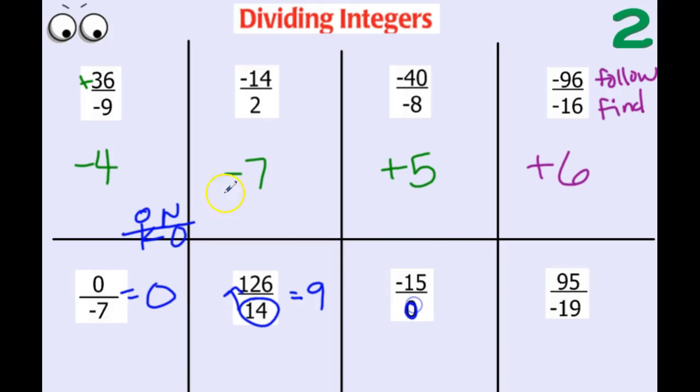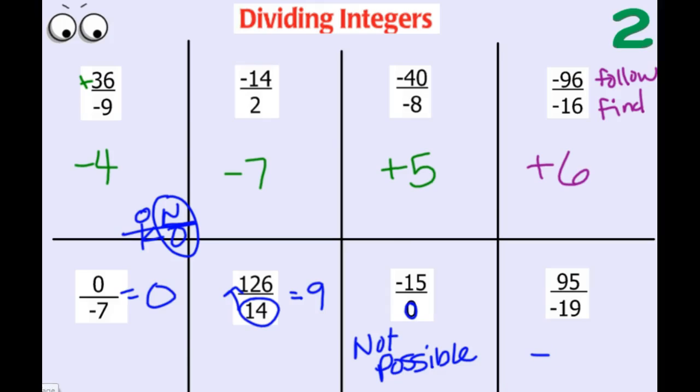This one we have 0 in the bottom, so that's this version right here. No, that's not okay. It's not possible. You can put undefined if you'd like, or can't solve it, something like that to show me there is no answer for that one. And then last, grumpy and happy don't get along, so I know it's going to be a negative.